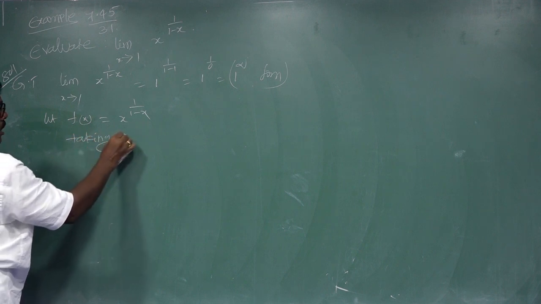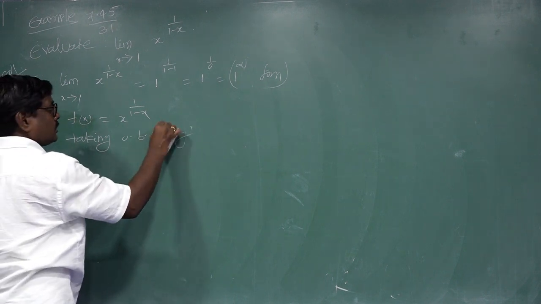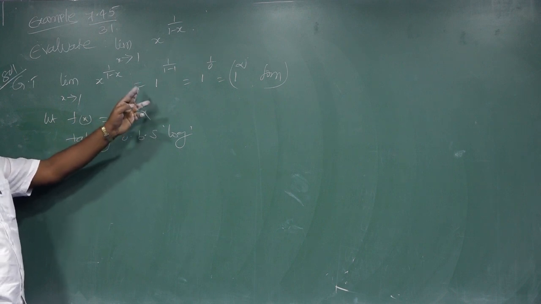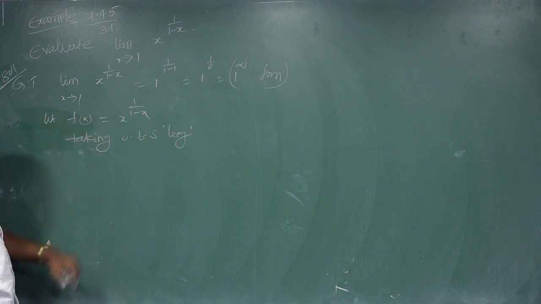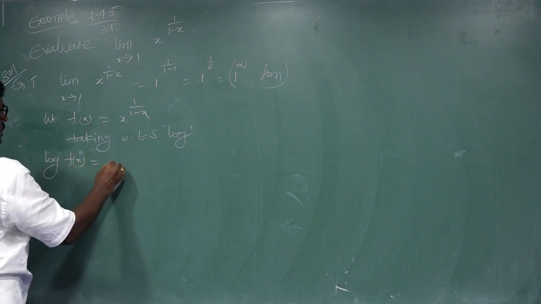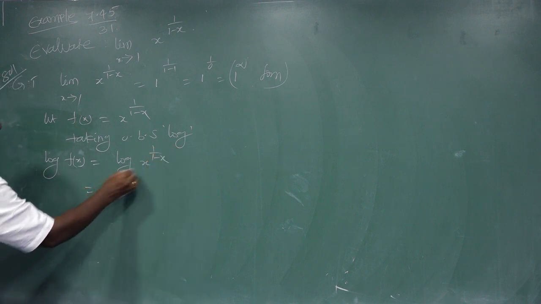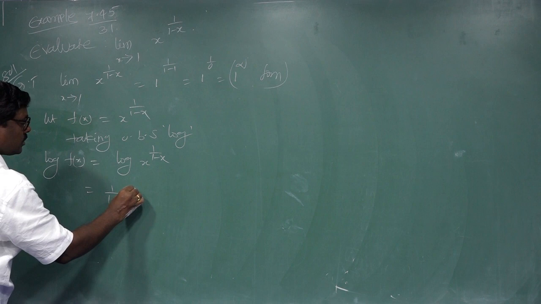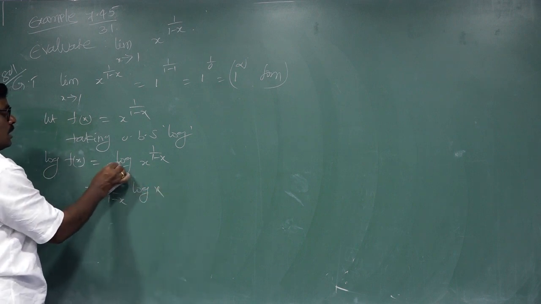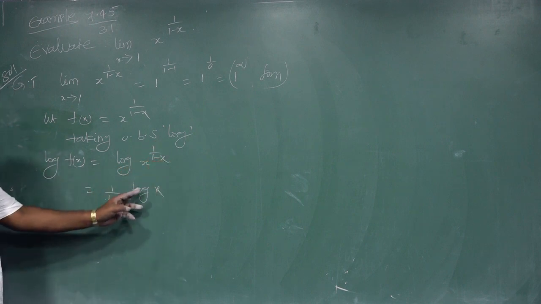Taking log on both sides, log of f of x equals log of x power of 1 by 1 minus x, which equals 1 by 1 minus x into log of x.